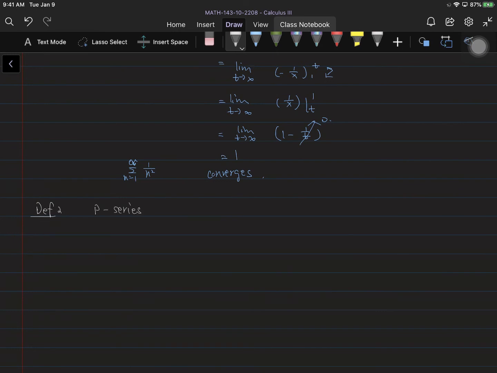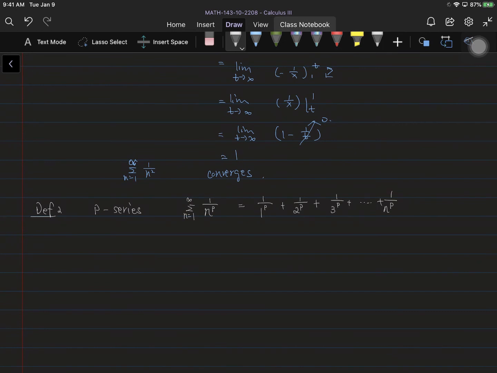The p series is given by this one, sigma 1 over n to the p, n from 1 to infinity. And if we write this out, it's like 1 over 1 to the p, 1 over 2 to the p, 1 over 3 to the p, something like that.